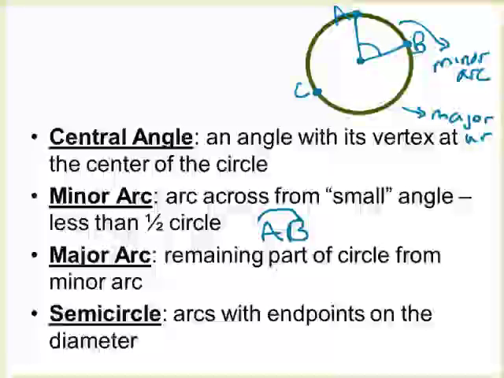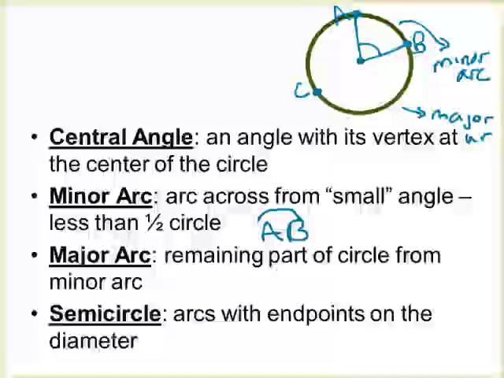Okay? A major arc will be named with 3 letters. So when you see an arc named with 2 letters, that means get there the quickest way. Go from A to B the shortest way possible along the edge of the circle.